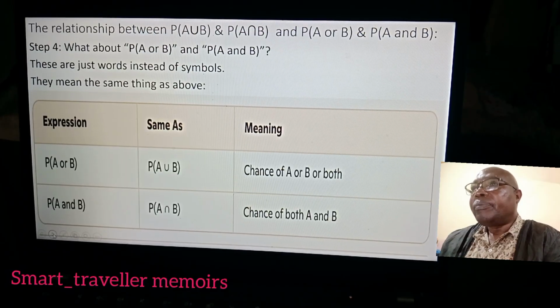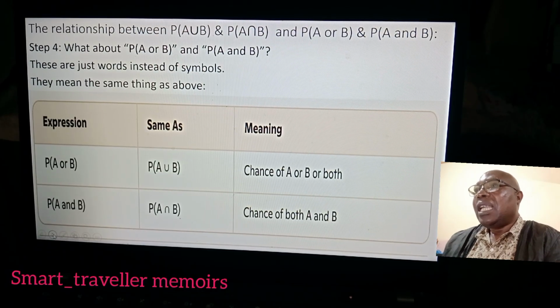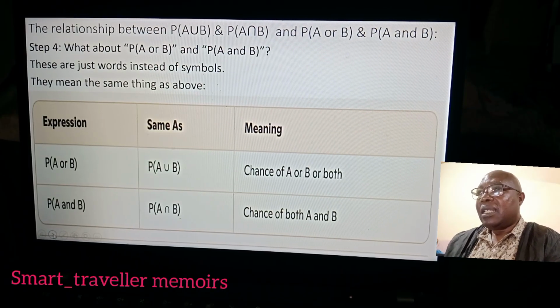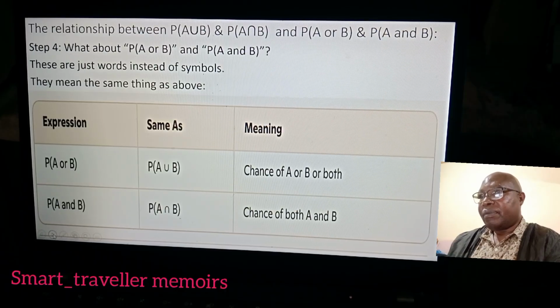Step 4. What about P(A or B) and P(A and B)? These are just words instead of symbols.